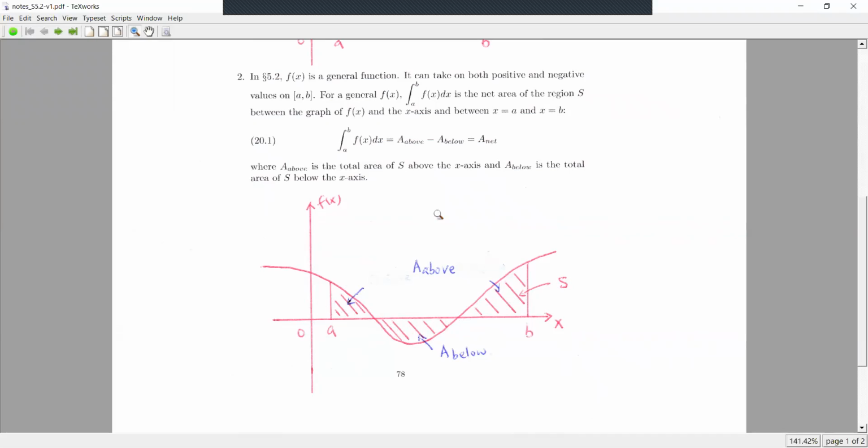In this diagram, the total area above the x-axis is this area plus this area, and the total area below the x-axis is this area. When a function is a general function, the integral is net area: total area above the x-axis minus total area below the x-axis.